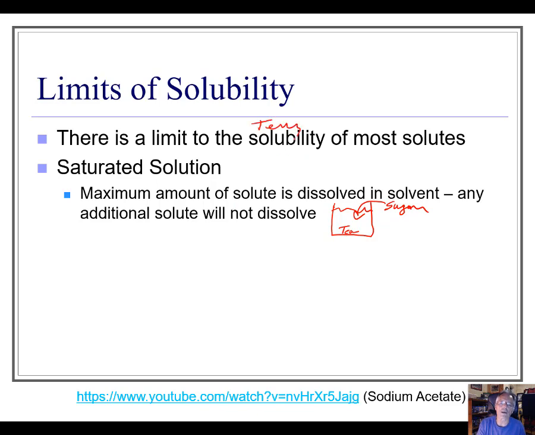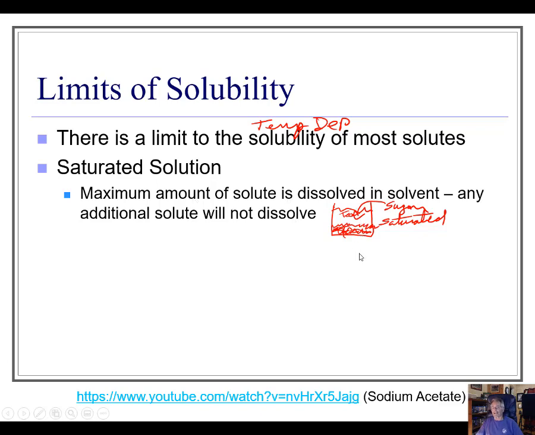This iced tea was in the fridge, so it was cold, but I'd keep putting sugar in and stirring and stirring until there's a nice layer of sugar sitting on the bottom of my glass, and tea sitting up here. At this point, I can't get any more sugar to dissolve in this iced tea, so we would say that is a saturated solution. It's saturated because I can't get any more sugar to dissolve. I've reached the maximum limit.